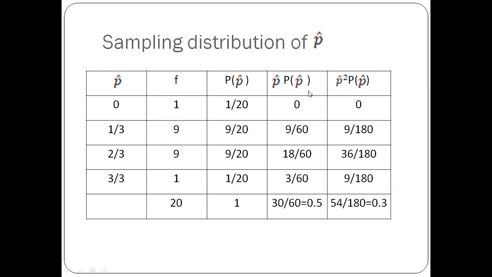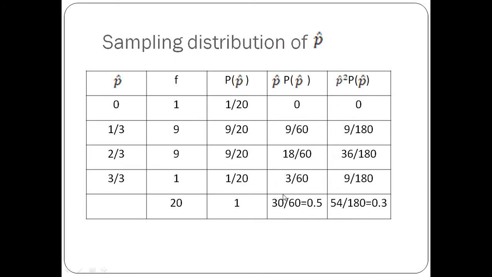Now for the mean and variance, we have to construct these two columns. The first column is p cap into probability of p cap. We have to multiply this column with the first one, and when we multiply anything with 0, it becomes 0. Then 1 by 3 into 9 by 20 is 9 by 60. Then 18 by 60 and 3 by 60.